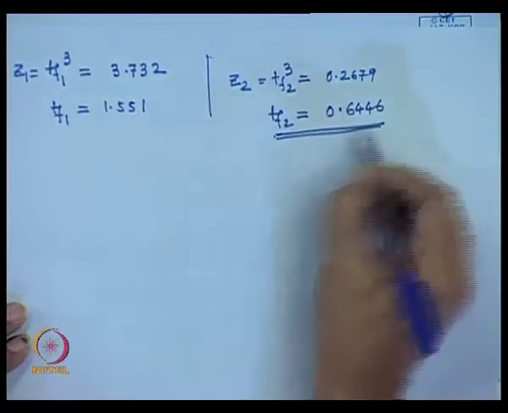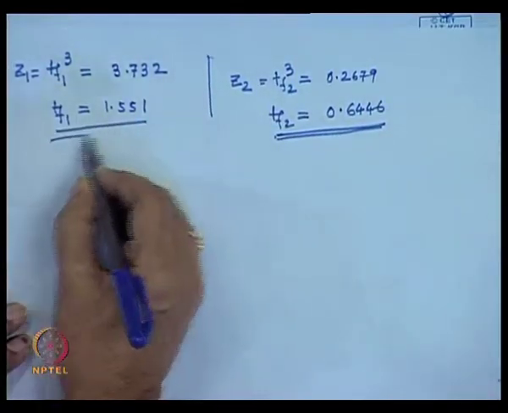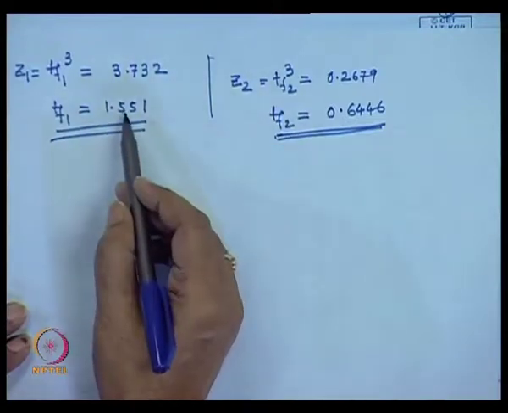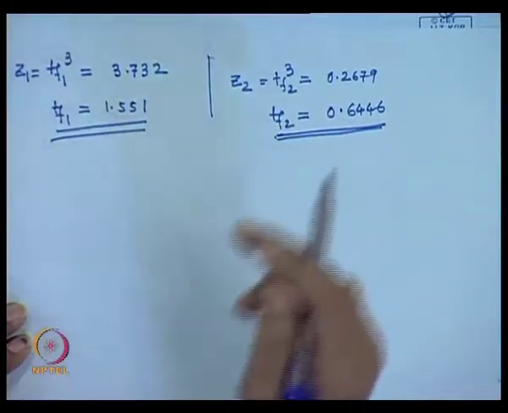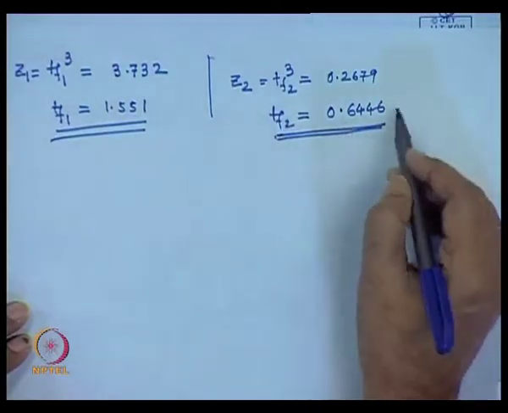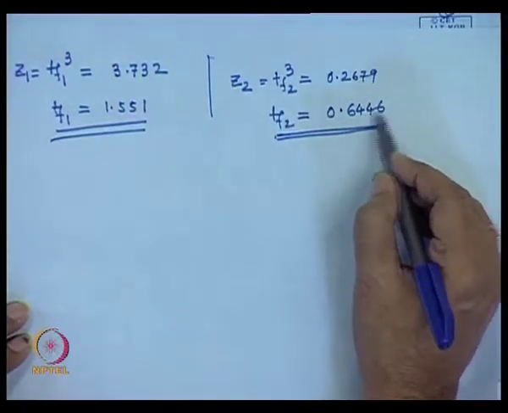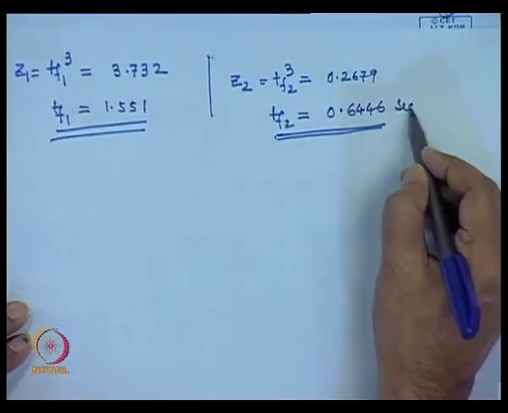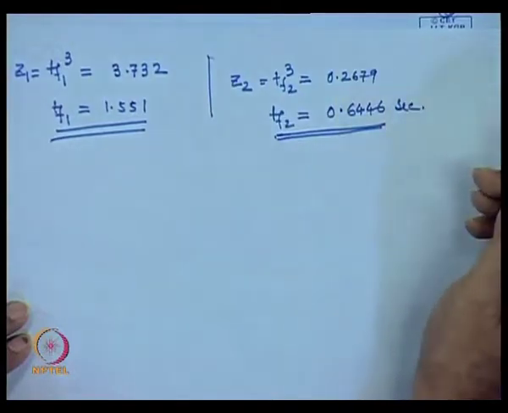So, there are two final times. At 1.551, the state will reach x T f equal to 2, and another time is 0.6446, when our final state will reach 2 units.